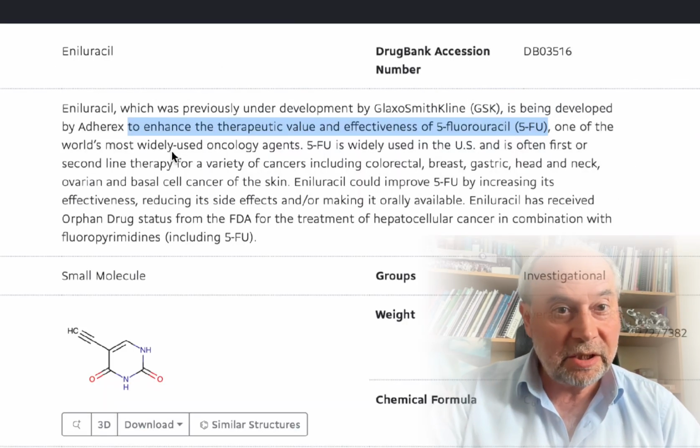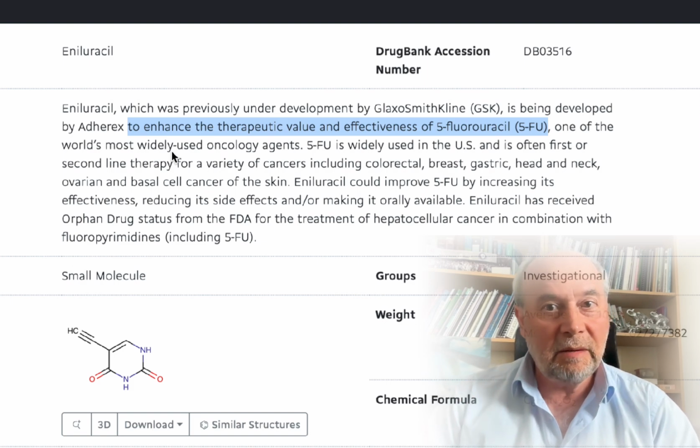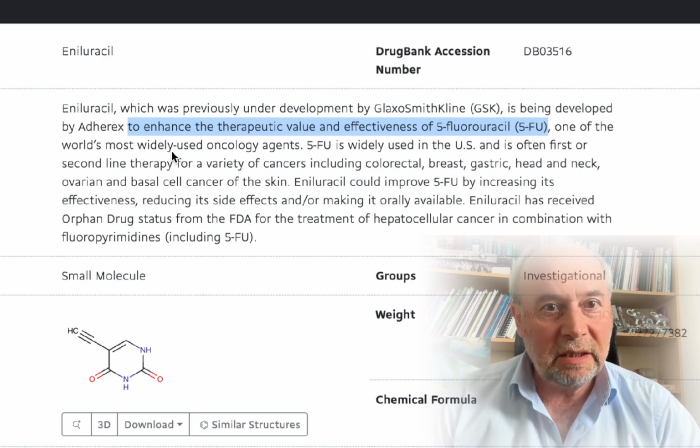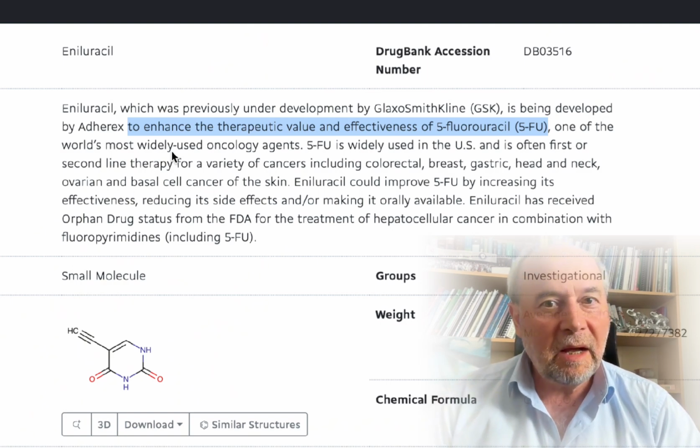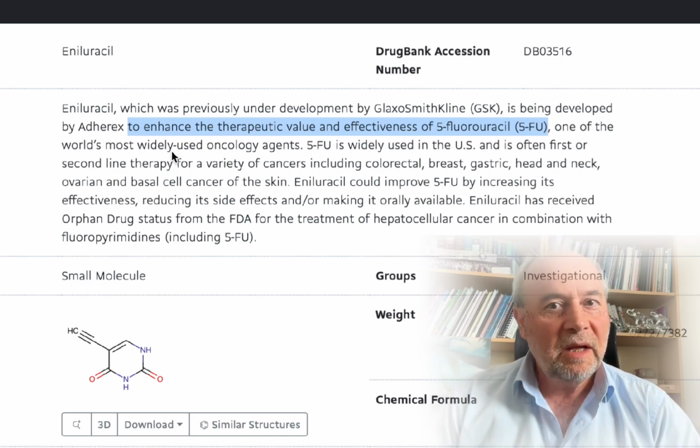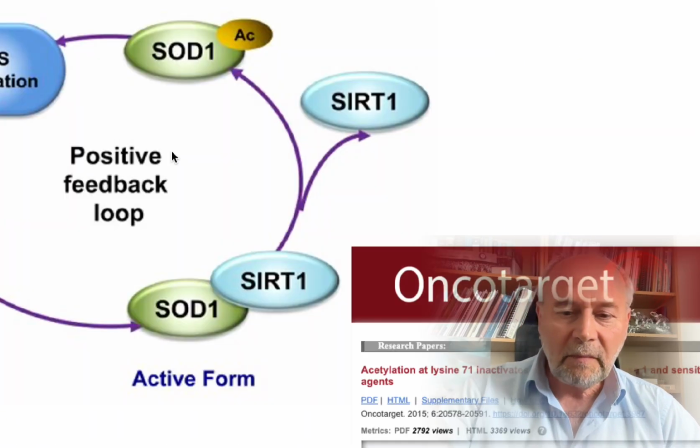What is interesting is that this molecule, which was developed by GSK, indeed enhances the therapeutic effect of 5-FU. All right.